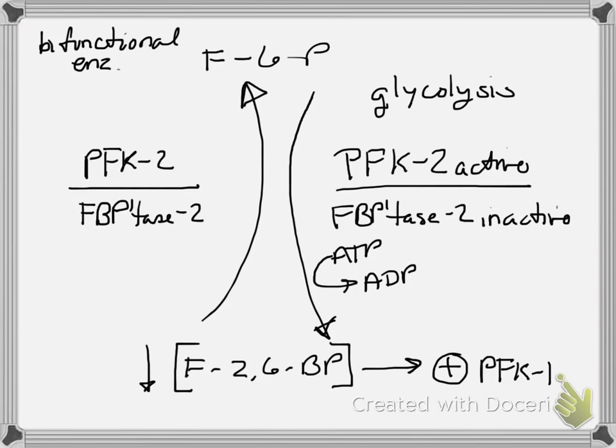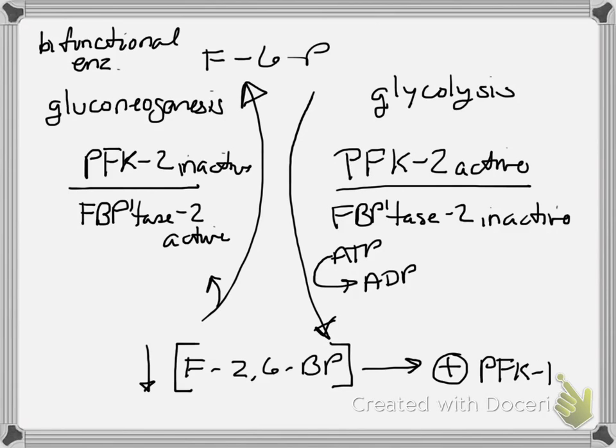Now in the reverse reaction in gluconeogenesis, the PFK2 kinase activity is inactive, and the phosphatase activity is active, and this is releasing inorganic phosphate.